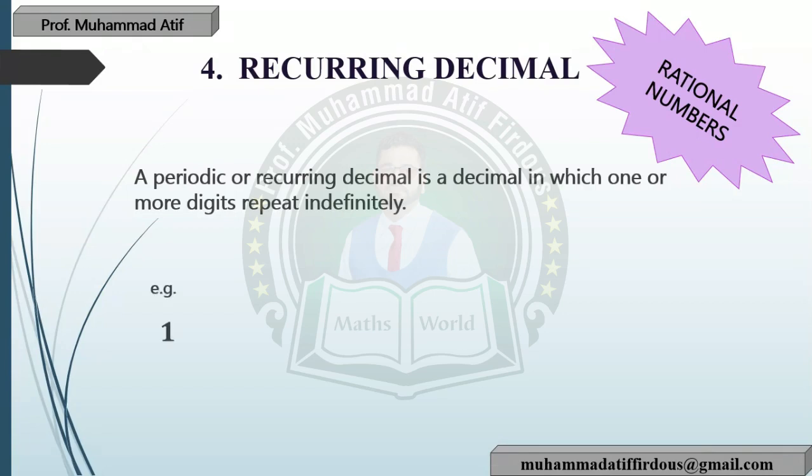For example, you can write 4 over 3 as 1.3333. Here 3 is repeated indefinitely. This can be written in the form of P over Q, where P and Q are relatively prime and Q is not equal to 0. So we can say that it is a rational number.